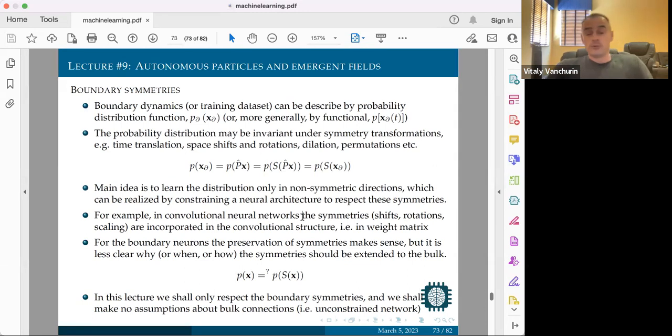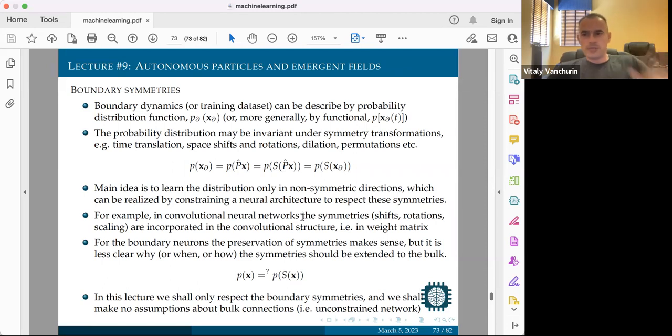However, when you use a convolutional structure, there is that symmetry. Moreover, there is the scaling symmetry that appears in the hierarchical structure of the weight matrix.